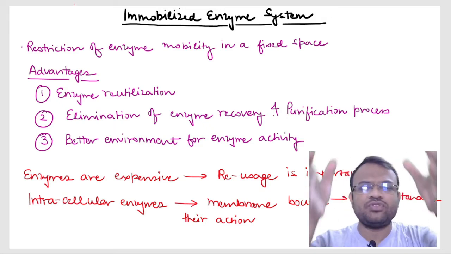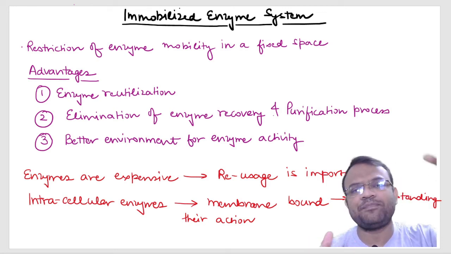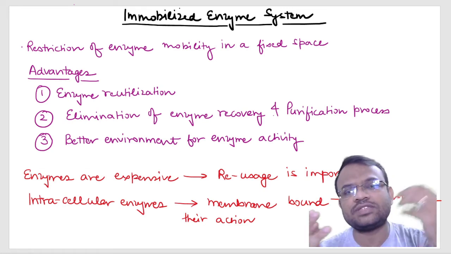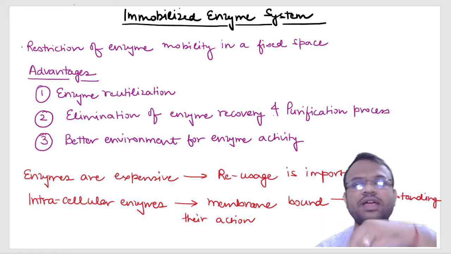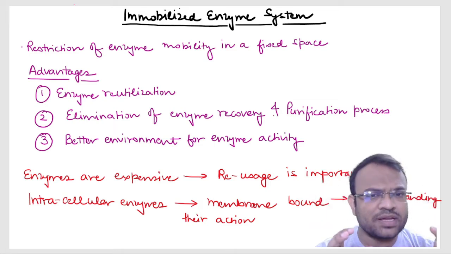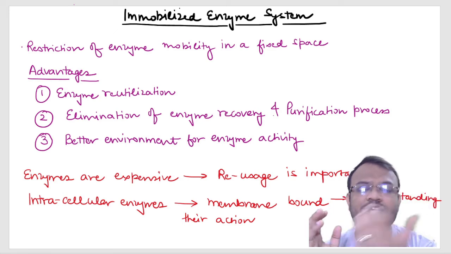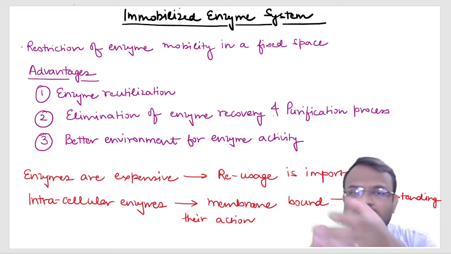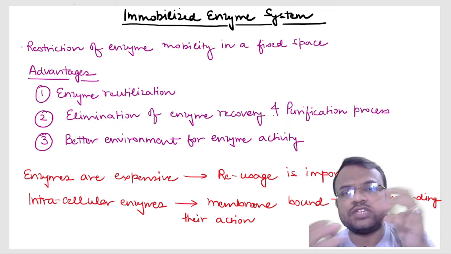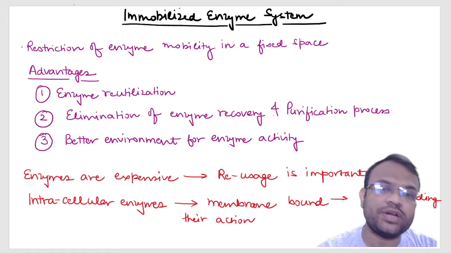Now you see, if you have a big fermenter with you, and you directly input the enzymes inside the fermenter, and your sole aim is that the enzymes would interact with the substrate and produce the product, then it is fine. But just look at this: after some time the product would be synthesized from the interaction between enzyme and substrate, but in this product, the enzyme would be present as an impurity.